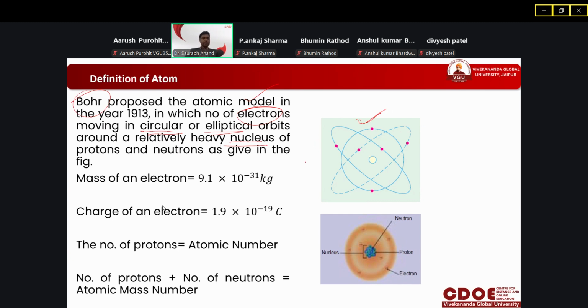The electron moving around this circular path has mass. One electron has a mass of 9.1 into 10 to the power minus 31 kg. So it is very, very less, but it has some mass. That is why it is part of matter.